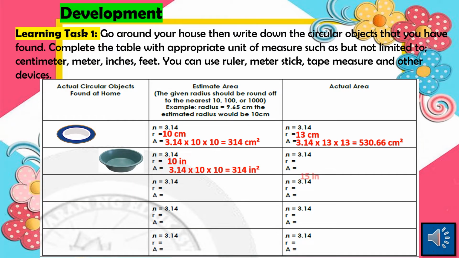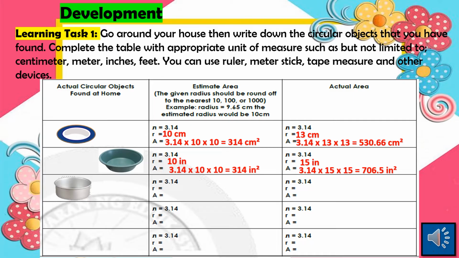And the actual area, we have the radius as 15 inches. So we are going to multiply 3.14 times 15 because we are following the formula of finding the area. So that is equivalent to 706.5 square inches.